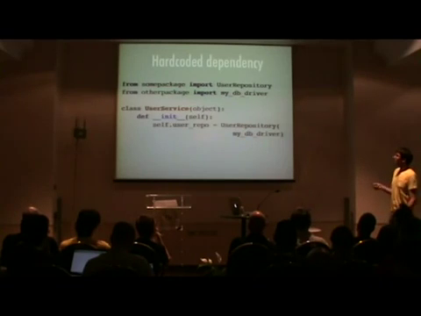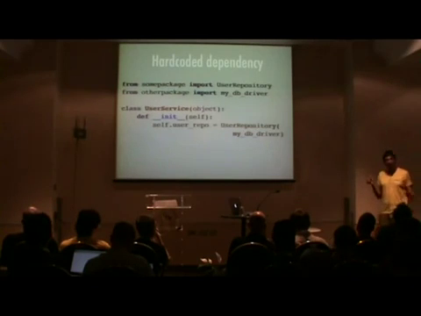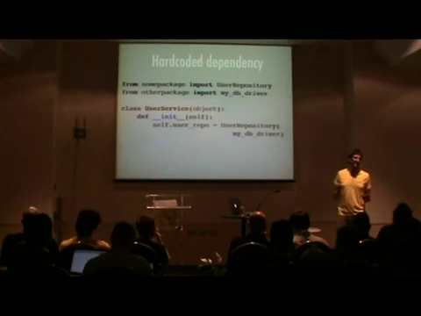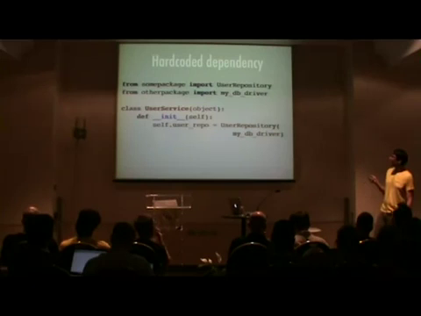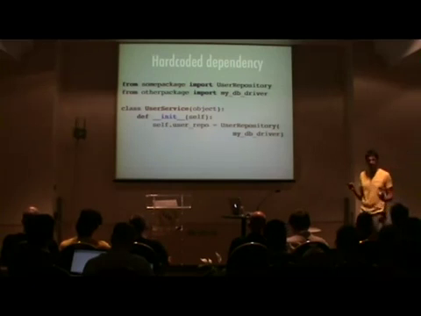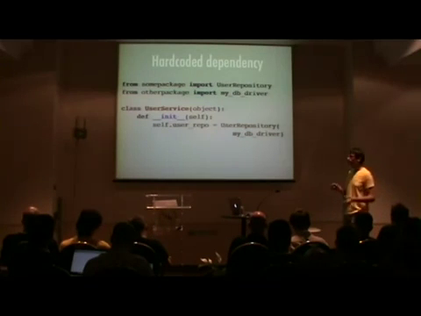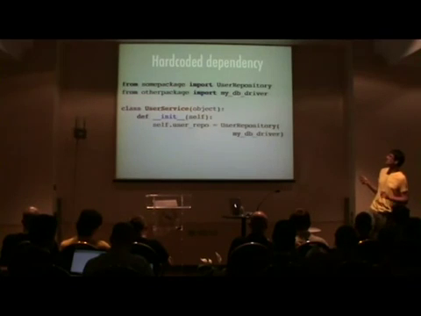What's the problem with this? If you use this kind of instantiation, you will code to an implementation. If you start by this, you will try to use whatever this implementation of user repository is, and you will use every kind of method you can extract from this specific implementation.